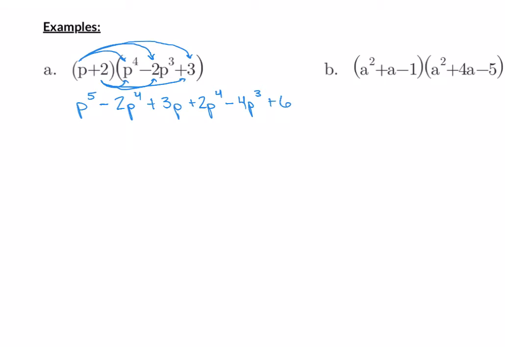All right, let's go ahead and simplify. I have p to the 5th. It doesn't have anything to combine with, so I'm going to bring it down. I can combine negative 2p to the 4th and positive 2p to the 4th. They cancel.